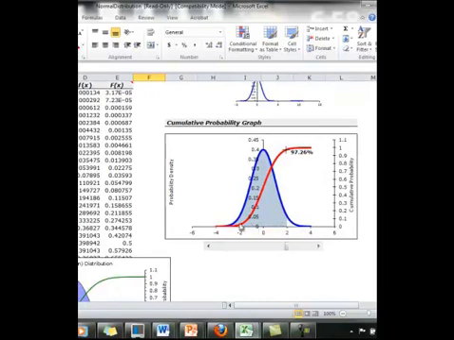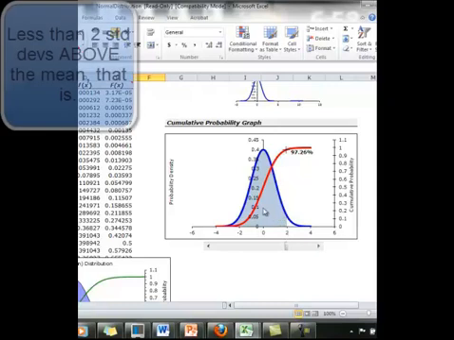Now notice this is the cumulative distribution function. What this is saying is at this coordinate, which is 2, we have an area of 0.9726 that is encompassed by this, that's less than 2 standard deviations.